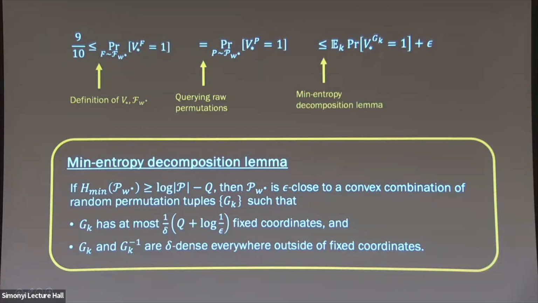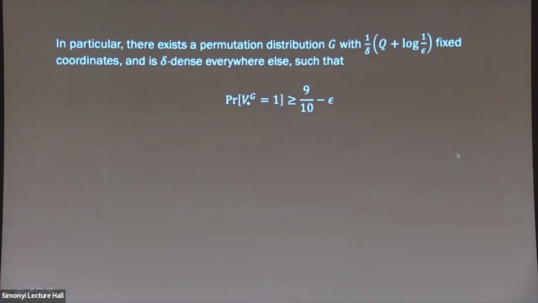But the upshot is that this V star, this T query algorithm, we can think of it as querying one of these distributions over permutations where some coordinates are fixed and then the rest are dense. And it will accept with high probability, let's say 9/10. So there's some distribution with fixed coordinates.